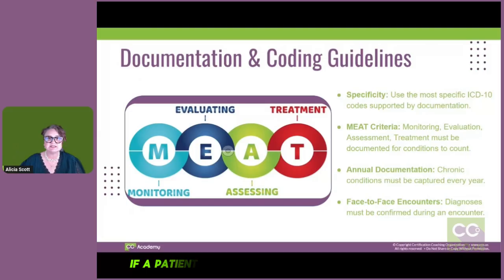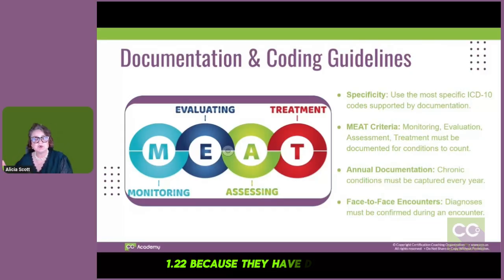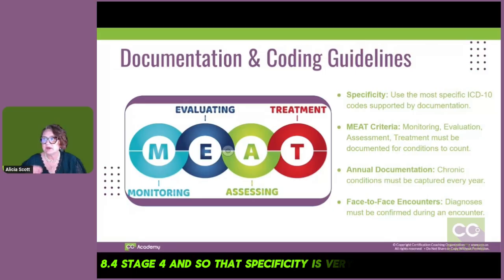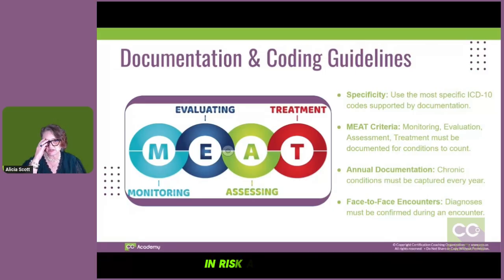If a patient has diabetes and they have CKD, there's a combo code for that. So you end up coding type 2 E11.22 because they have diabetes. Then you code the CKD stage, N18.4, stage 4. And so that specificity is very important in risk adjustment.